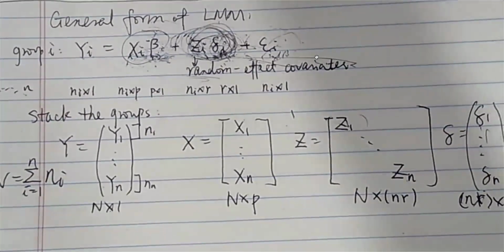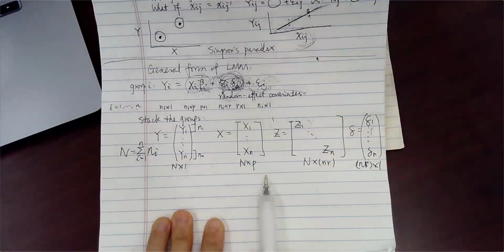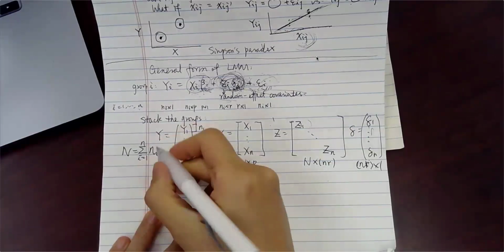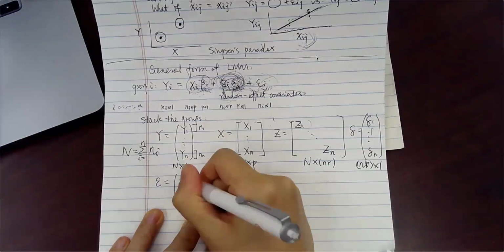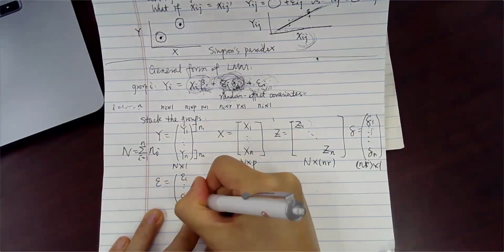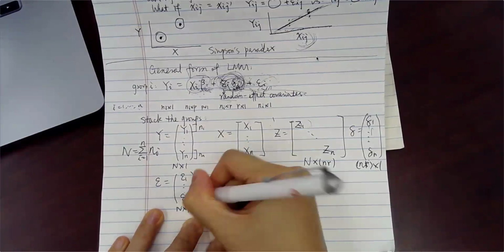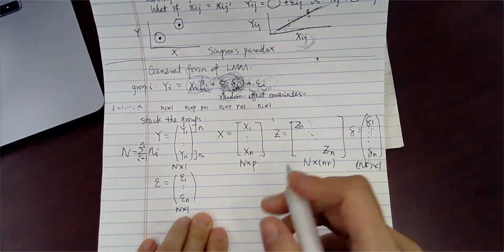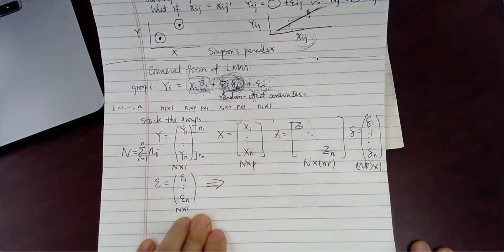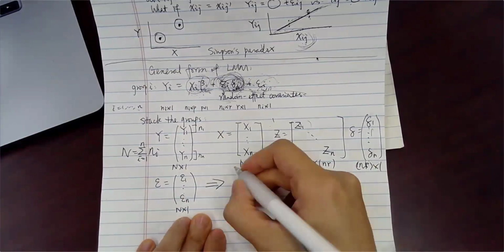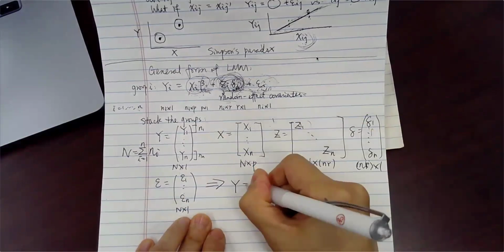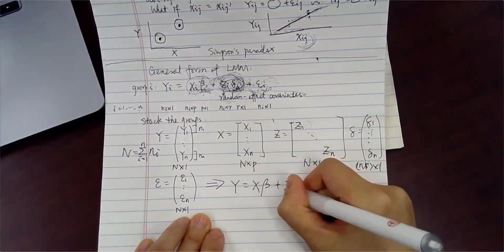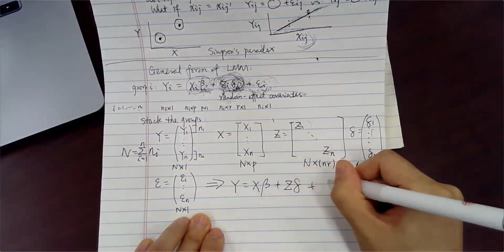So with the model stacking this way, finally, we can stack the epsilon_1 to epsilon_n. And again, this is big N by 1. So with all of them together, we get this big model: y equals X beta plus Z delta plus epsilon.